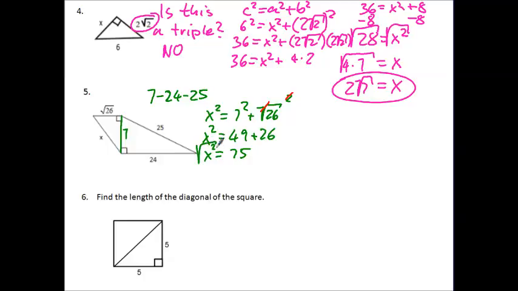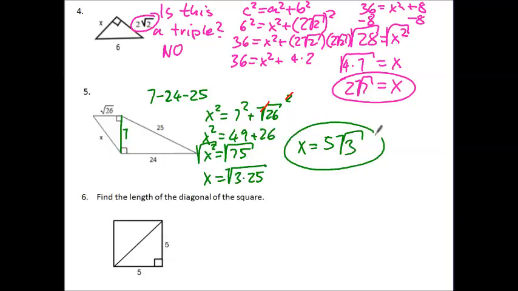And the square root of x squared is equal to the square root of 75. 75 is not a perfect square, but it's 3 times 25. So x is equal to 5 times the square root of 3. And there is our answer.